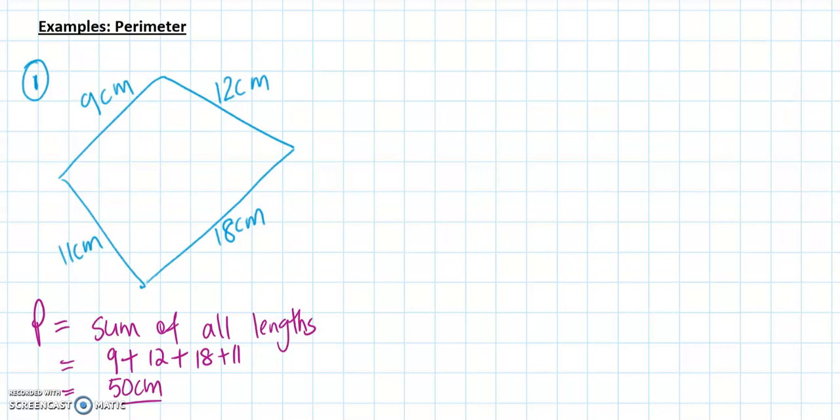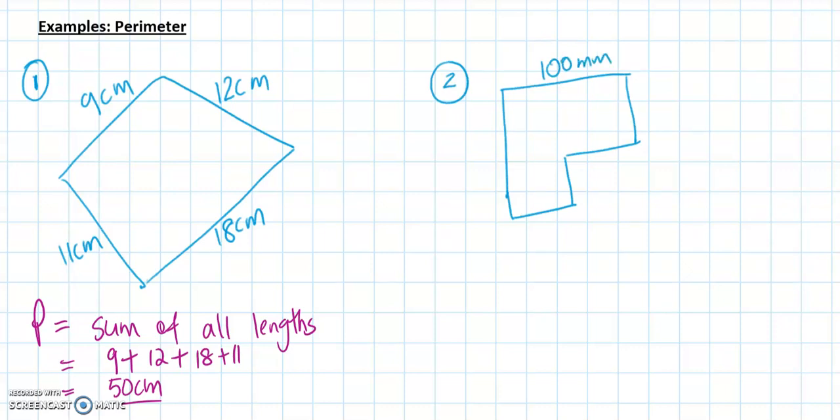Another example is where you are given the side lengths, but the units are not all the same. So I'm going to say this is, say, 100 millimeters, and this is 11 centimeters.